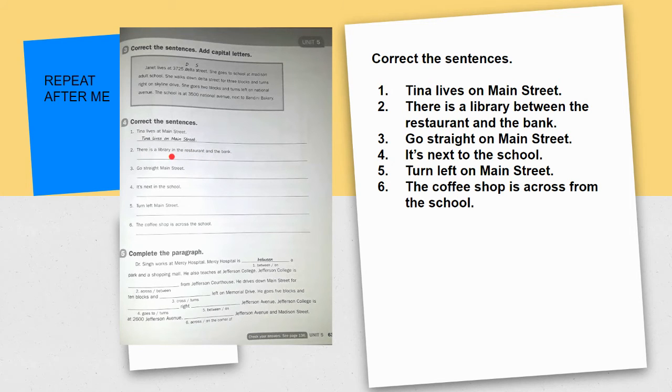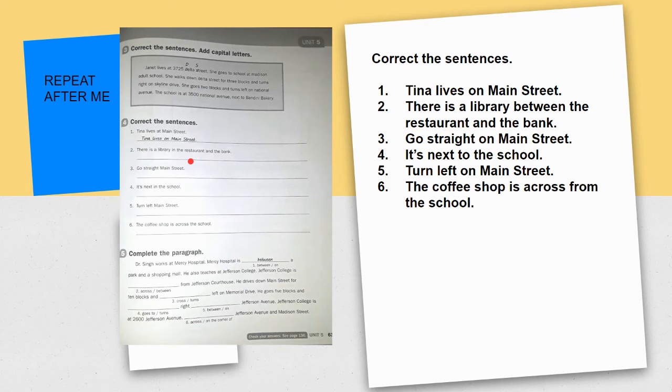So when you have two places, then chances are you are going to use the word between. There is a library between the restaurant and the bank. If these were street names, then we would be talking about on the corner of. But these are not street names.